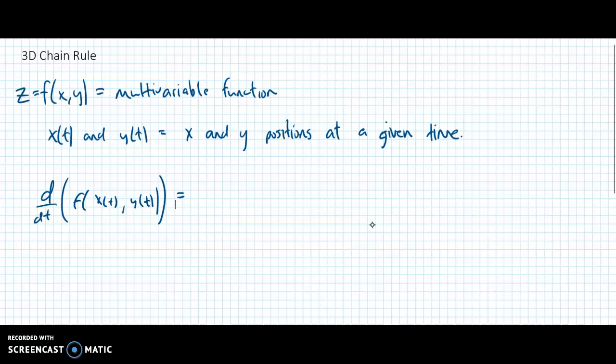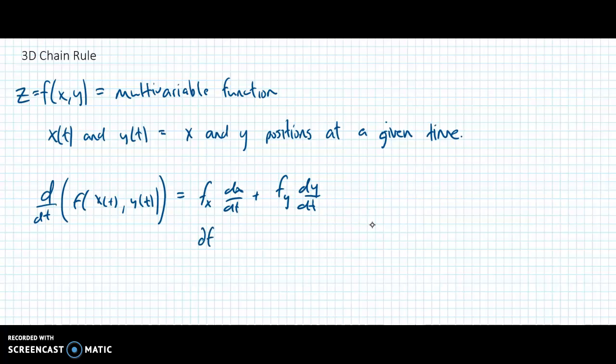I'm going to write it in, I think, 3 different ways. That is f sub x times dx dt plus f sub y times dy dt. So that's one way to write it. The other way to write it, I'll write it with partial notation.